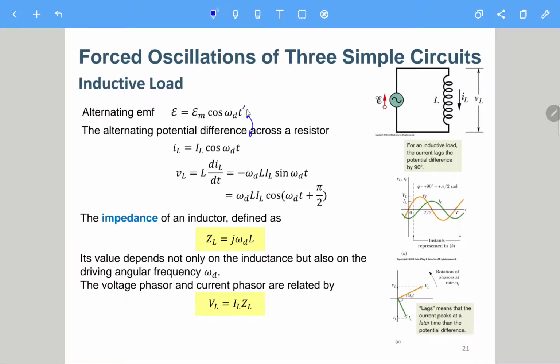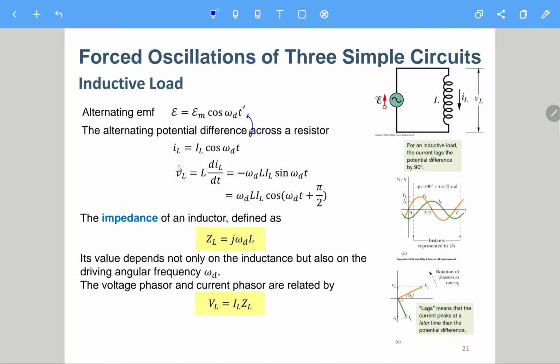Not the derivative, but we already shifted the time axis. So we assume the current of this circuit to be IL cosine omega dt.